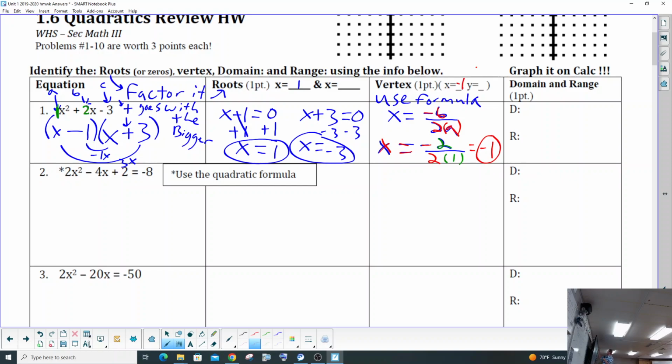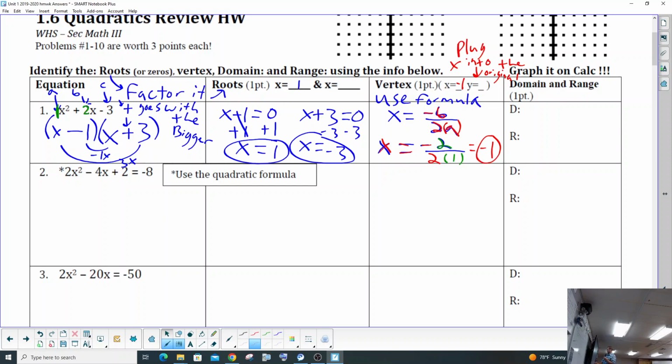Now to find our y value, you have to plug x back into the original. I'm going to erase the formula because hopefully you have it memorized, but I'll put it up here.